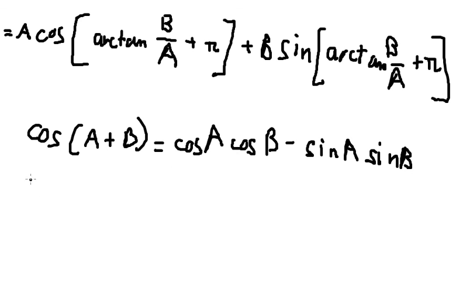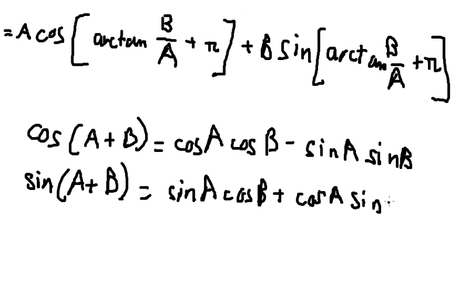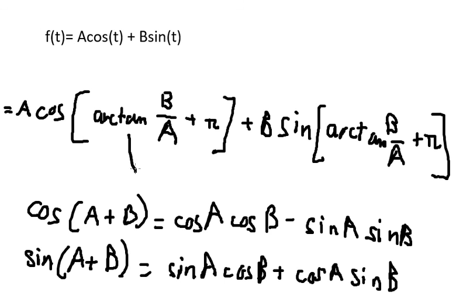And the second one, sine of a plus b equals sine a cosine b plus cosine a sine b. Now we can apply this one for a, this one for b.